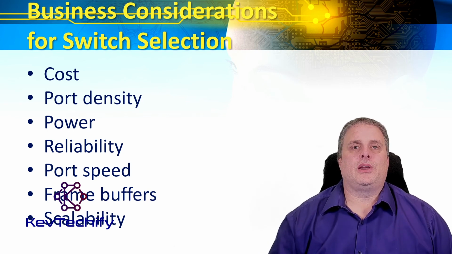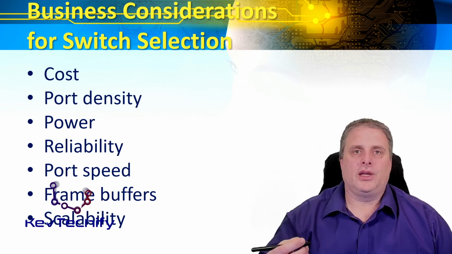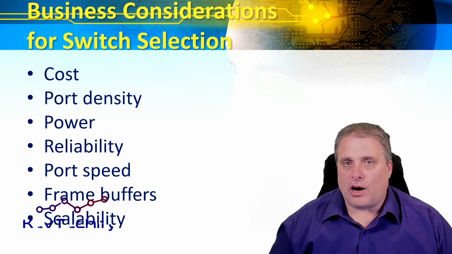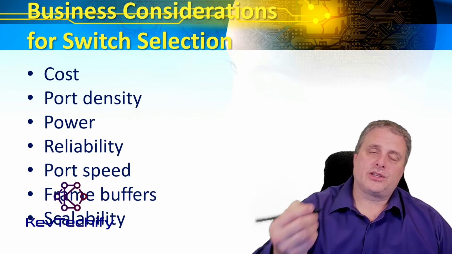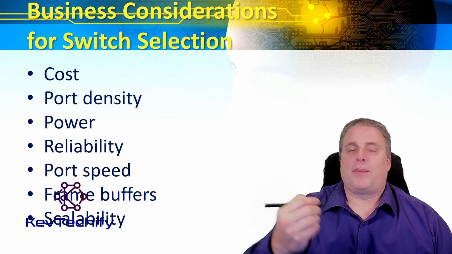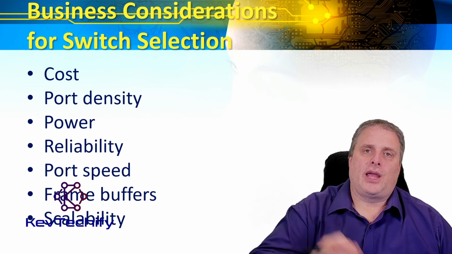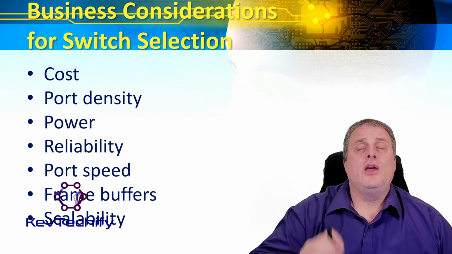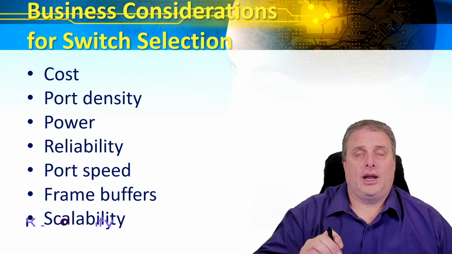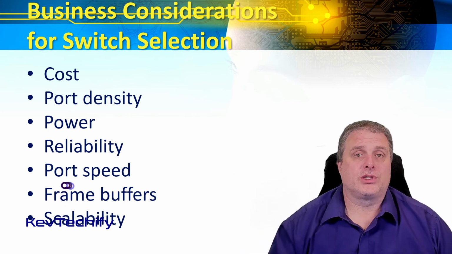You may get away with a $300 switch. But if your network goes down and your company is losing $10,000 an hour because of lost productivity, salespeople aren't being able to sell, your assembly line is down, you can't pass quality control, then you may have to look at saying, okay, we need to have an enterprise level switch.